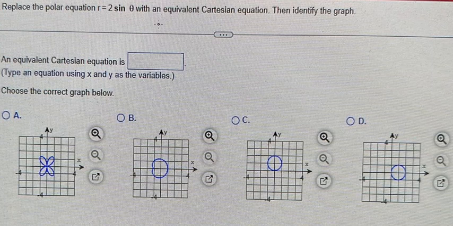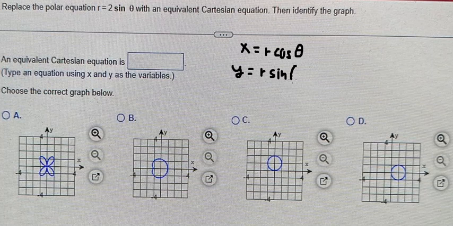So today I want to show you how to answer this one. So we have the formula in here: x equals R cosine theta, y equals R sine theta.